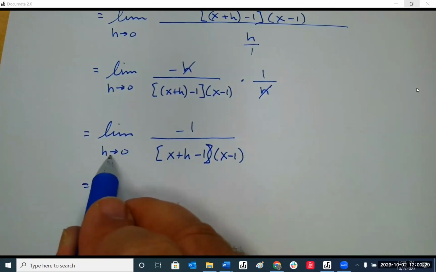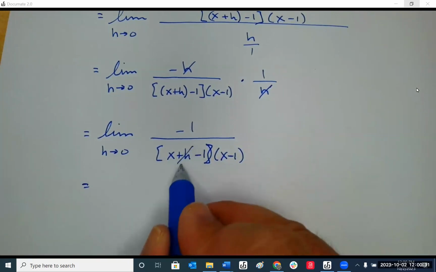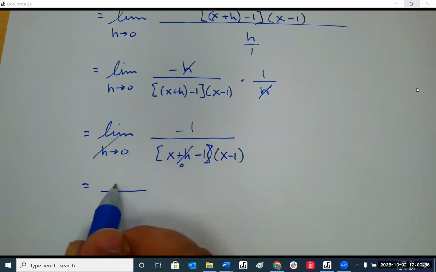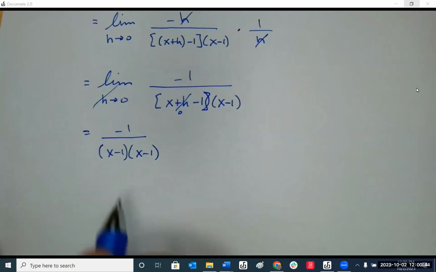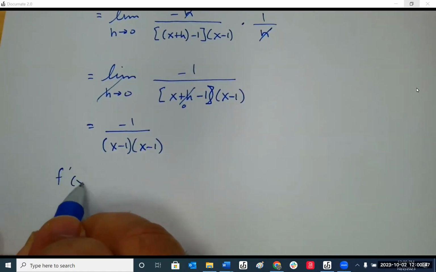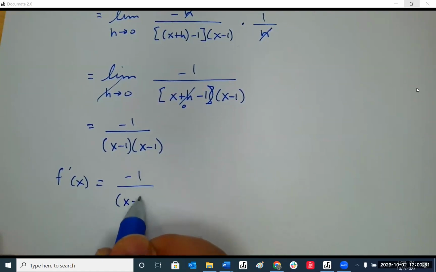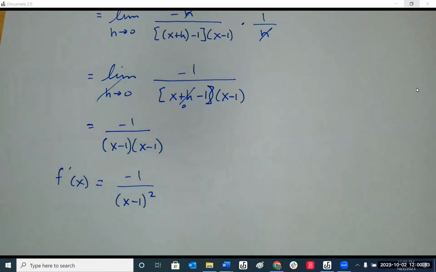So now when h goes to 0, that takes care of the h. So what we have now is x minus 1 times x minus 1. Our first derivative is negative 1 over x minus 1 squared. It never asks for a point, so this is just the derivative. This is our answer.